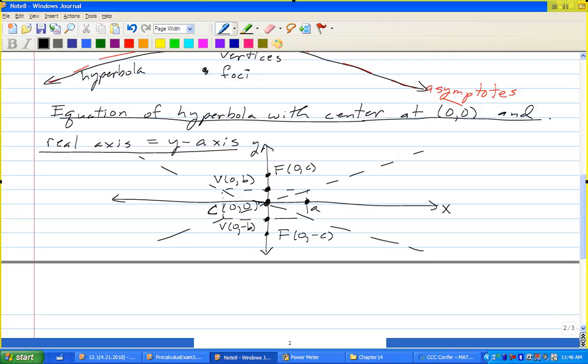Now let's look at the hyperbola. Let's take a point with coordinates x, y.